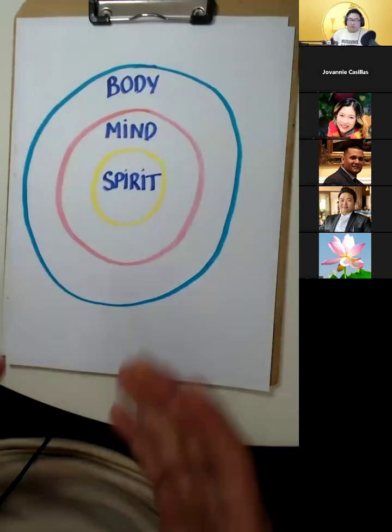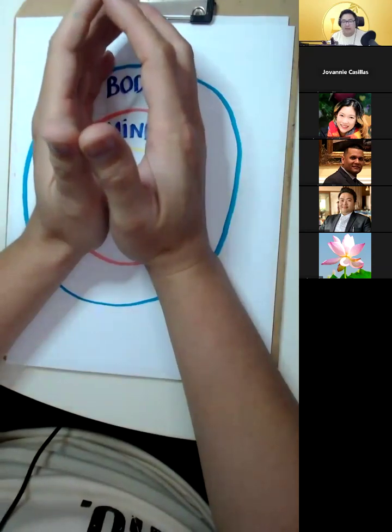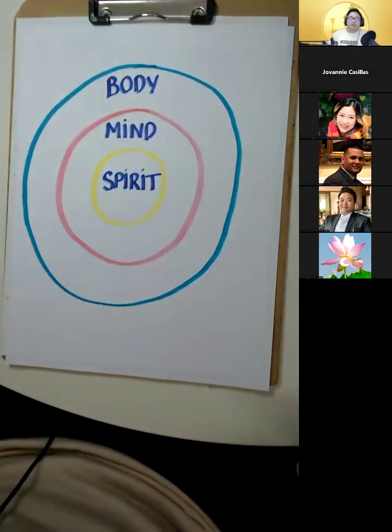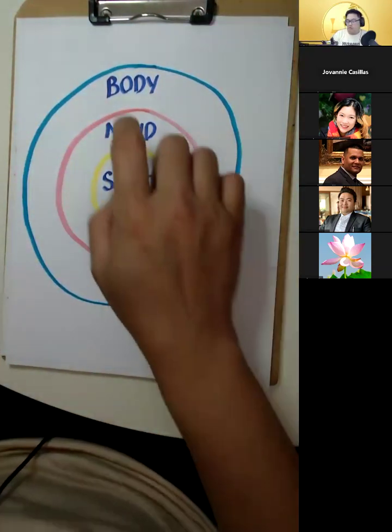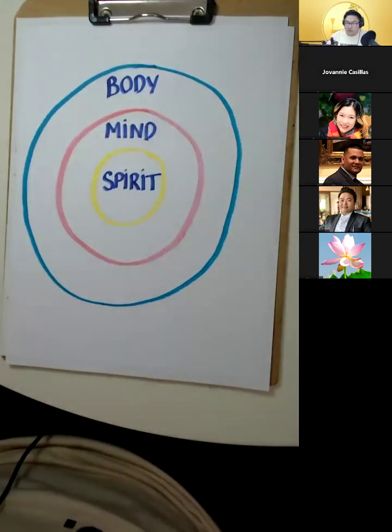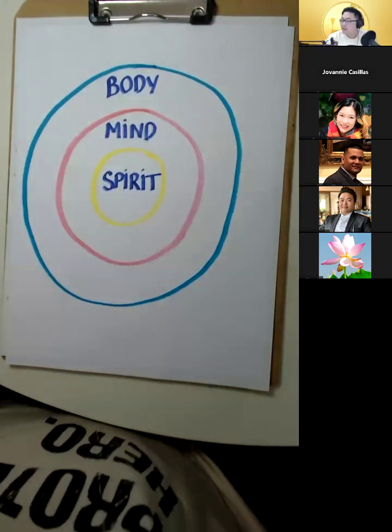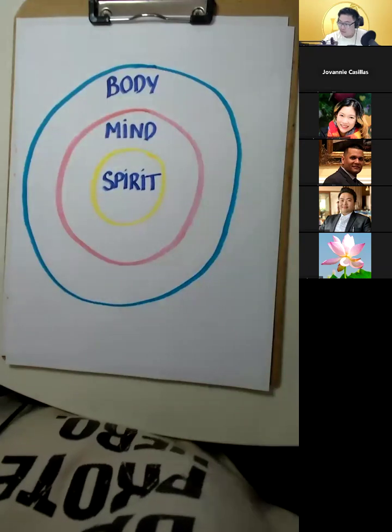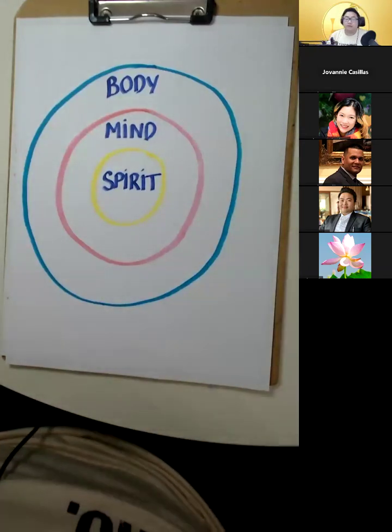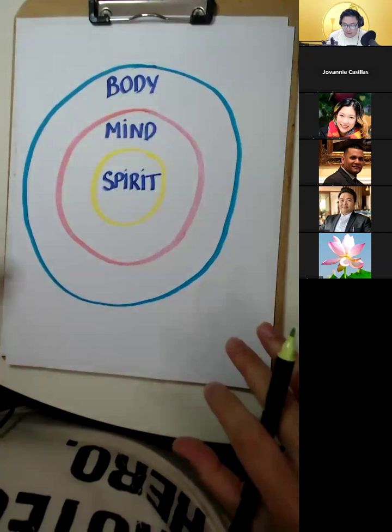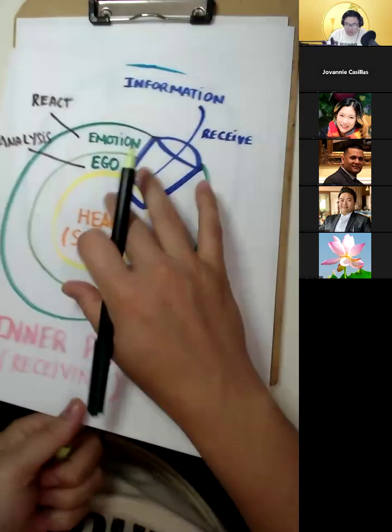And to keep it simple, we need to connect the three parts: the body, the mind, and the spirit. With the mind, you can simply understand it as the ego and the emotion.